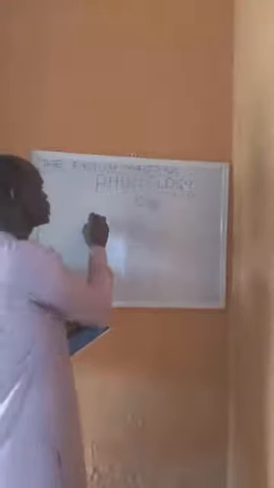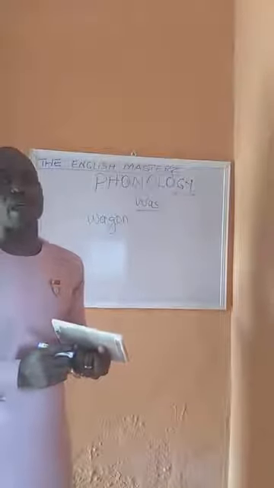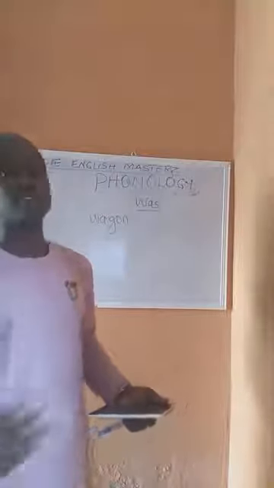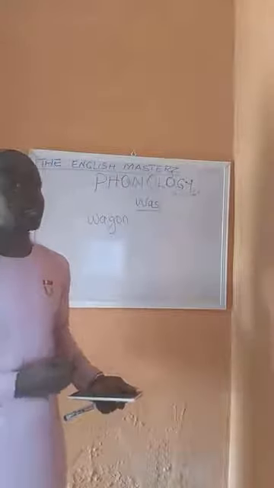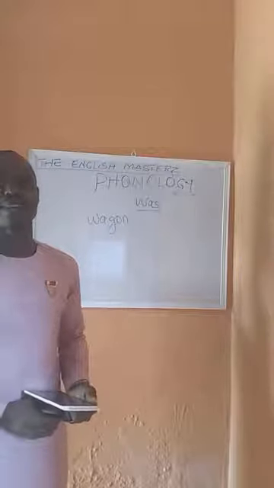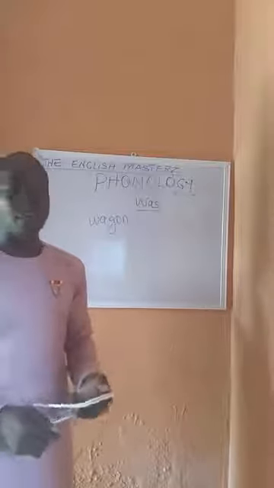Now the first word is W-A-G-O-N. How do you pronounce it? Well, we have said that W appearing before A alters the sound, but here it did not. That word is still wagon. So the short A sound is realized.